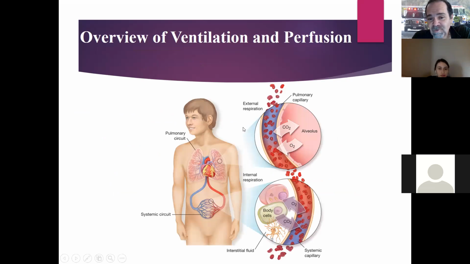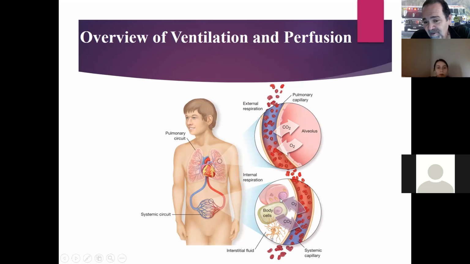This slide shows you that within this section here you have high concentrations of O2, which diffuses into the capillary. But then you have blood returning to the venous system that has higher concentrations of CO2, which diffuses this way. The same thing happens in the tissues.